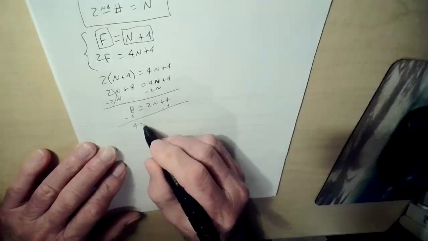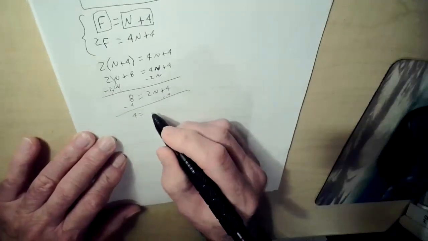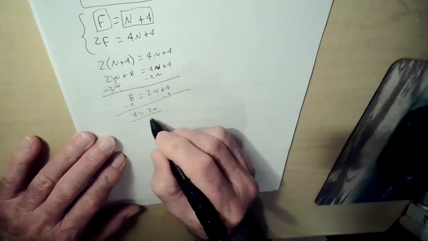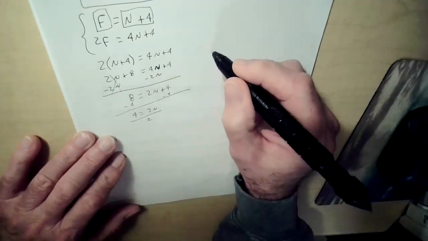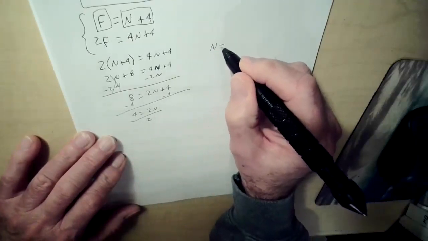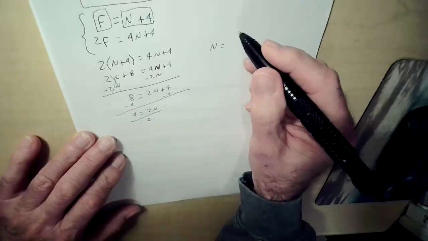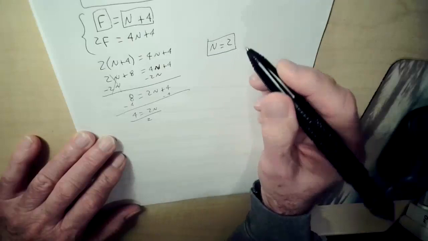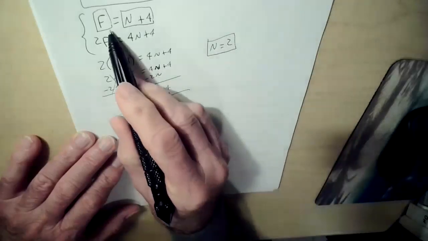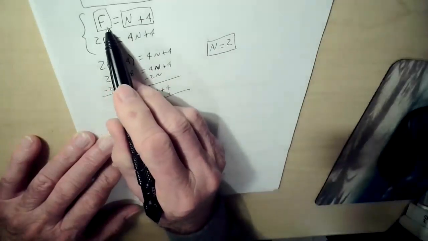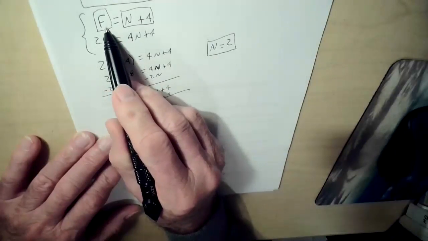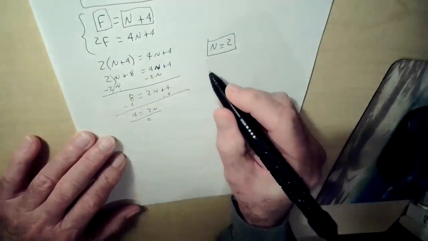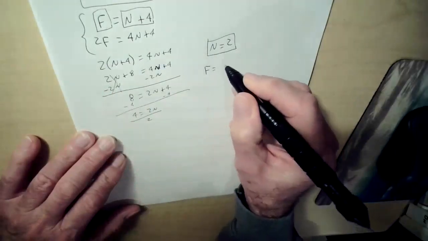We have 8 equals 2n plus 4. Is that right? Yeah. Now we subtract 4 from each side. Boy, there are more 4's in this thing. 2n divided by 2. So n is, that's the second number, 2.